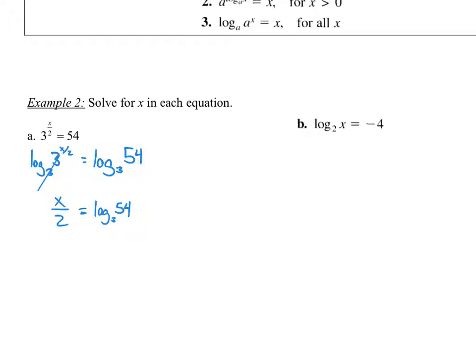I mean, if you saw this as 27 times 2, I guess you could rewrite it as log base 3 of 27 times 2, since it's multiplication. Log base 3 of 27 plus the log base 3 of 2, and this would equal 3. However, you'd still have that other part you'd have to get with the calculator, so it's not bad thinking, but we eventually would have to use the calculator anyway in this case.